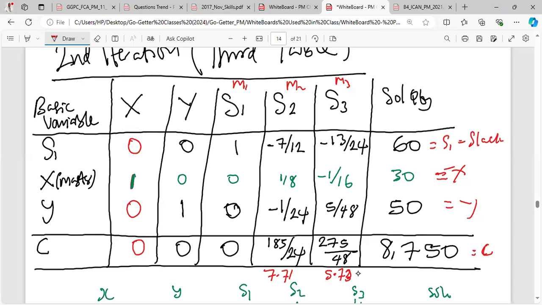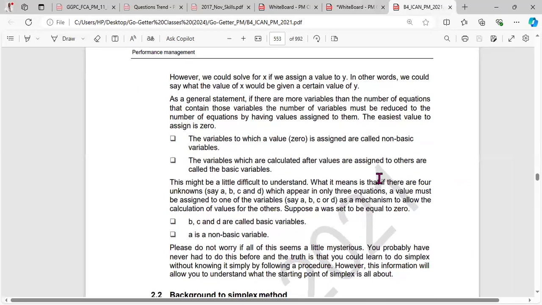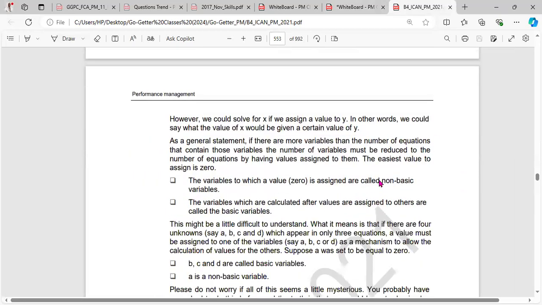Are we required to do that? Well, for me to answer that question, we look at the syllabus and what it tells us about Simplex method. Let me get the syllabus for you so that you will see what it says. Just a moment.